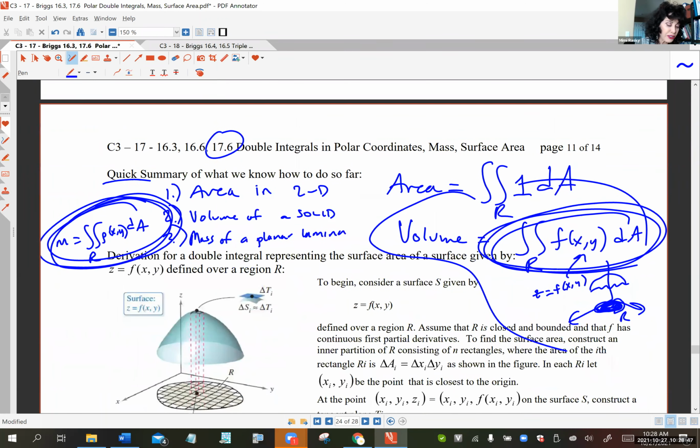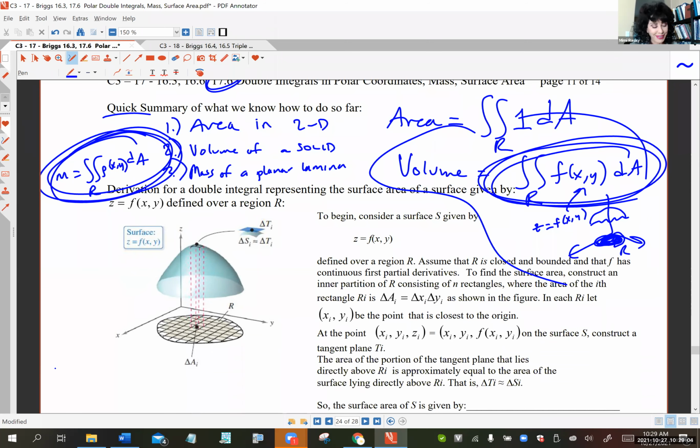Now, how come you're making us do the next chapter right now? I'm actually only doing a piece of 17.6. I will finish 17.6 completely once we get into the vector calculus portion of the course. But the little piece of 17.6, that's what I want to cover now.